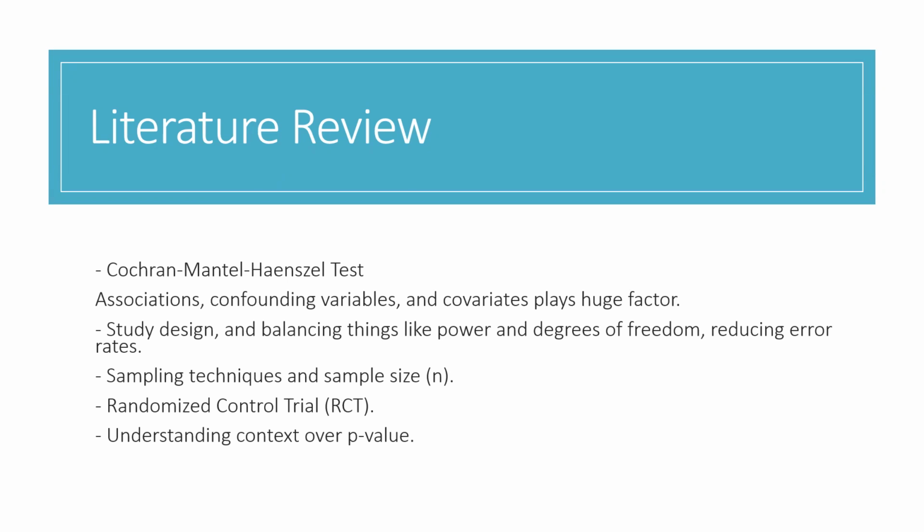In going through the literature, other things of importance that I found included understanding the associations of variables, what the confounding variables are, and, as the FDA guidelines list, how and which covariates we should adjust for to better optimize for the best estimate of the effect of the treatment. Also study design, balancing the degrees of freedom and power, which is basically saying we're correctly rejecting the null hypothesis at a certain percent and essentially finding an effect that is actually there.